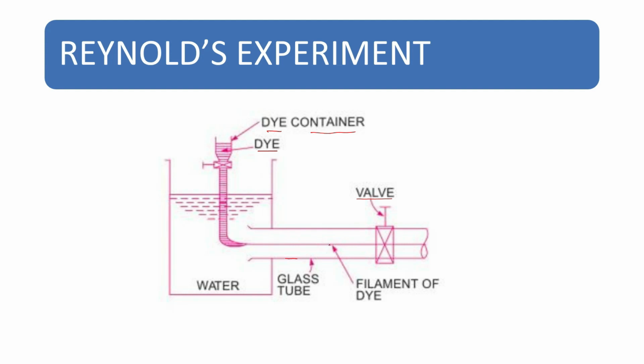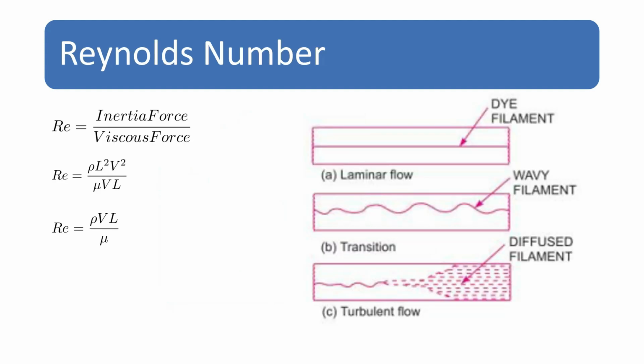Reynolds observed that when the valve was opened, the velocity of water increased, and up to a particular velocity, the dye flows smoothly along the water. But when the velocity of water was increased, the dye got dispersed. That means the flow became turbulent. Instead of flowing layer by layer, the dye got dispersed, and it was flowing along with the water. So this was what he observed.